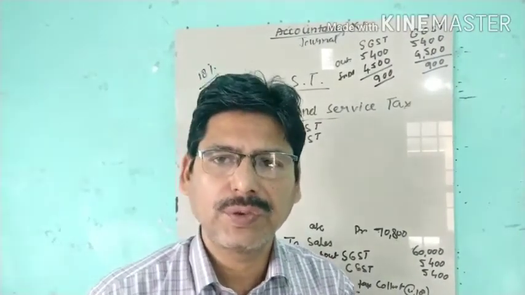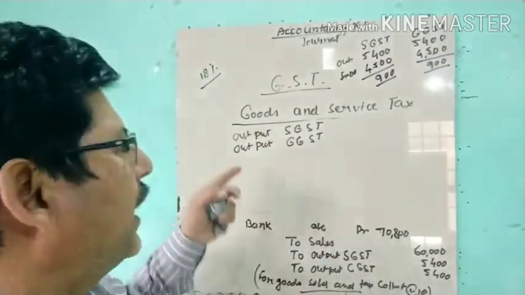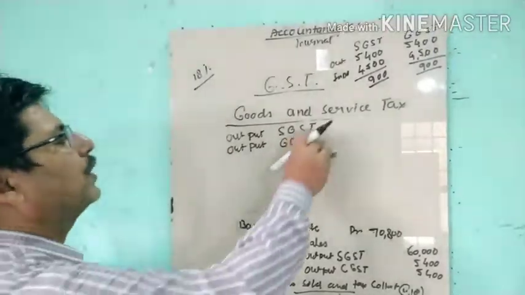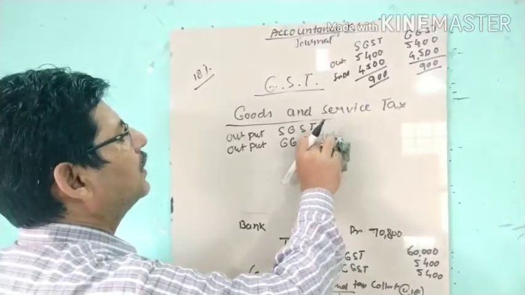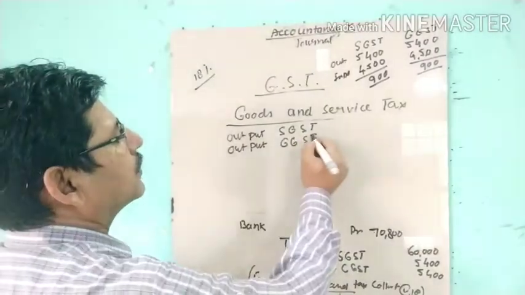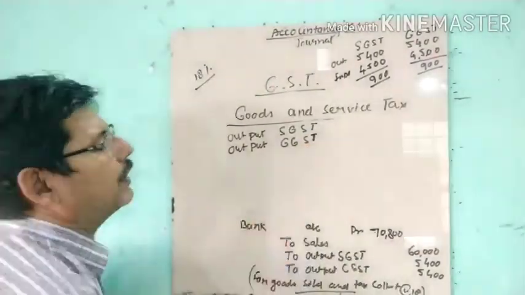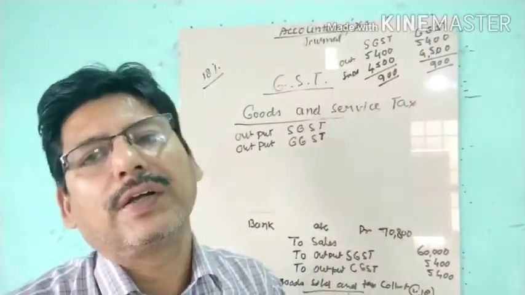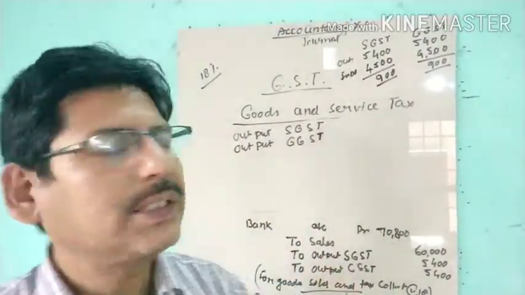Individually also we can do, and we can put it like this also. If it is confusing, we can put it this way, or if we put it this way then while calculating the amount it will be easier. I will tell you both ways here.